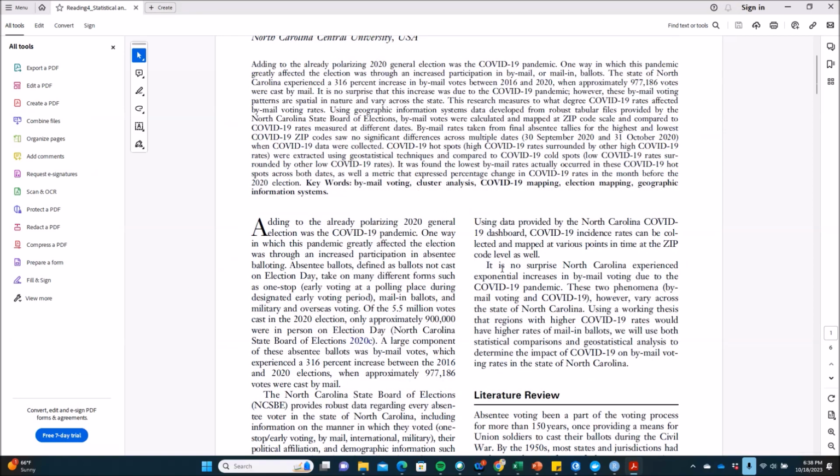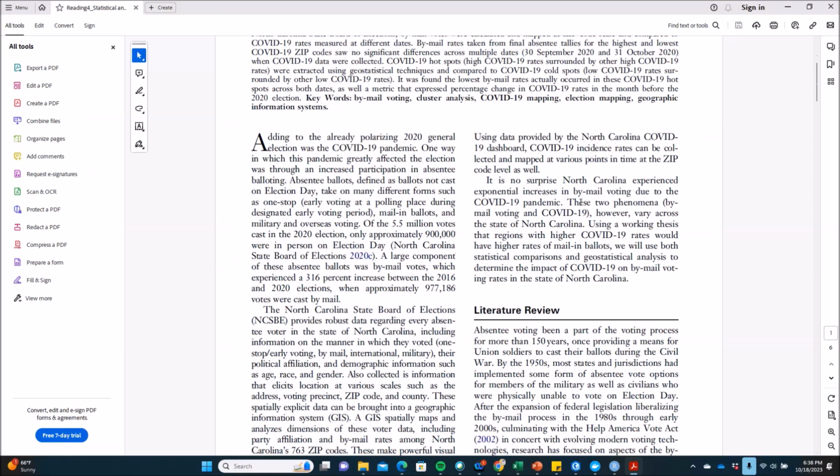And you notice right here, I have a nice little introduction here, but using a working thesis that regions with high COVID-19 rates would have high by-mail rates. And so one of the things I like to do is I put a thesis in there right at the beginning that says, this is what I'm trying to prove or disprove.